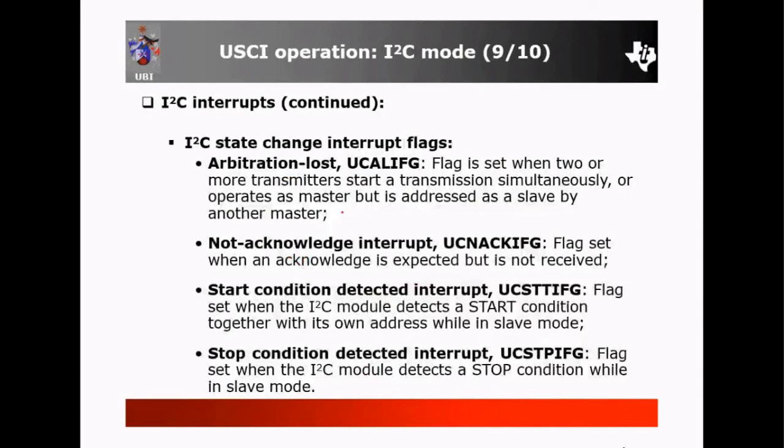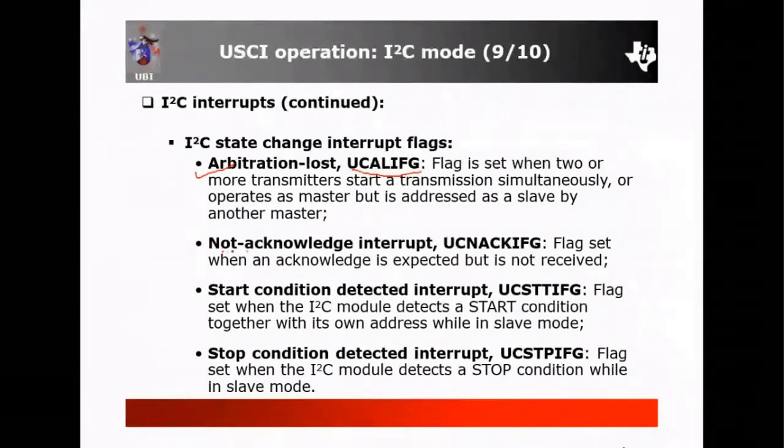Now there are four types of state change interrupt flags. Whenever something happens, how does the processor know? The processor knows with the help of flags what is happening inside. So there are four types. First is arbitration lost, that is UCALIFG.